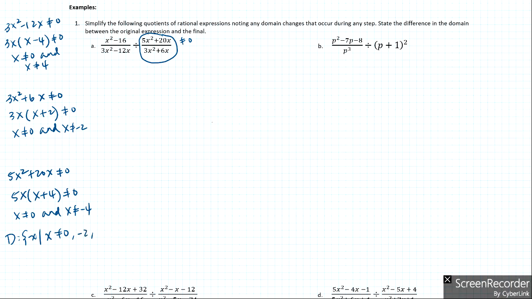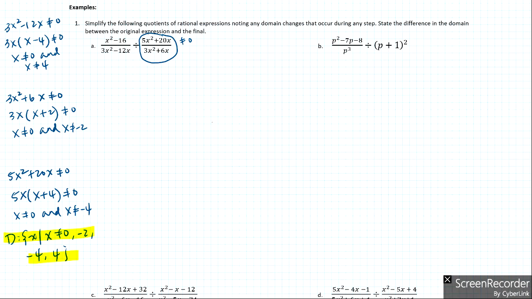Negative 2, negative 4, and I left the 4 out over here. So x cannot be any of these values. In this case, that's our original domain that we have to be concerned about.